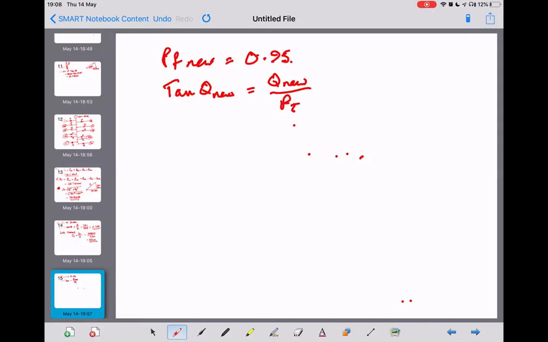Rearranged, Q new is equal to PT times tan theta new.